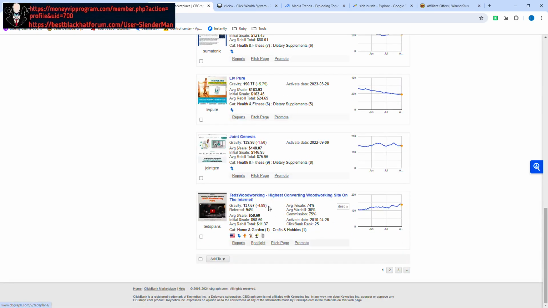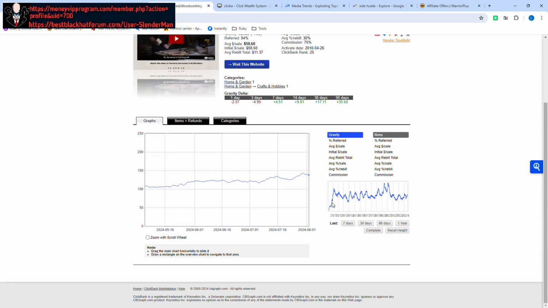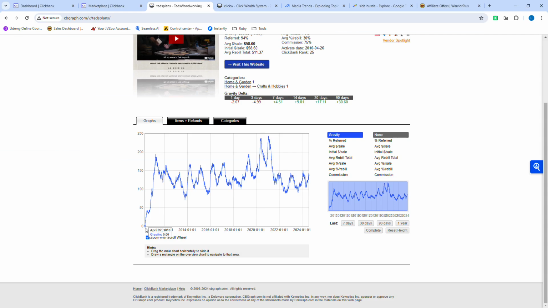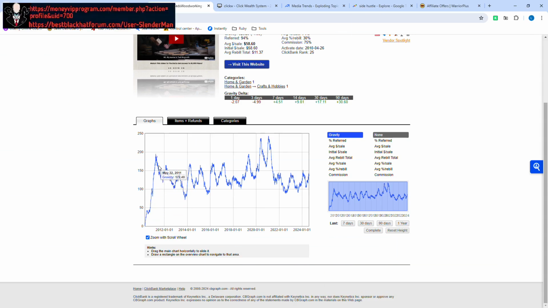There's Teddy. 137 gravity, real steady interest over time. Let's have a look here. Man, I can't believe how old this offer is already. It's crazy. Real steady earner. Even with peak interest. Look how peak that is. Oh yeah, let's scroll here. Scroll with the wheel. There we go. Yeah, look at this.